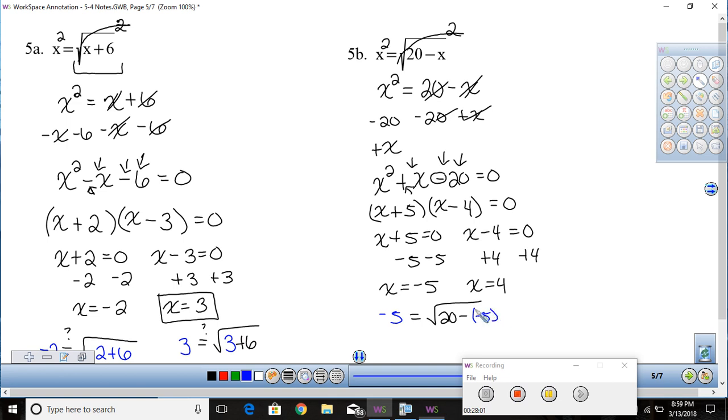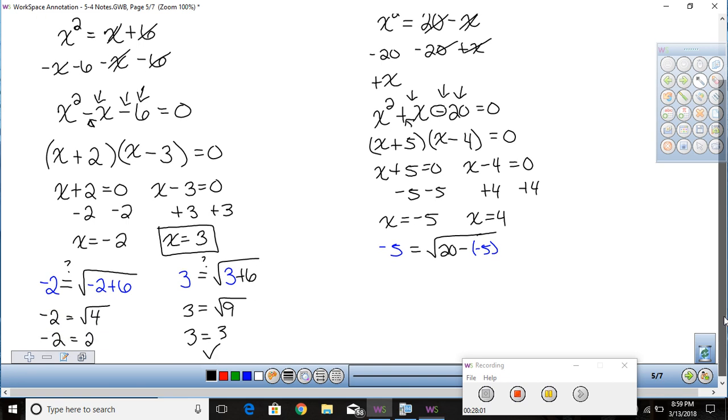Make sure you see that you've got a double negative right there. You definitely don't want to mess that up. So I've got negative 5 is equal to the square root of 20 plus 5, because of that double negative, so that'd be 25. And then the square root of 25 is 5. Remember, we're taking face value here. So that does not work.